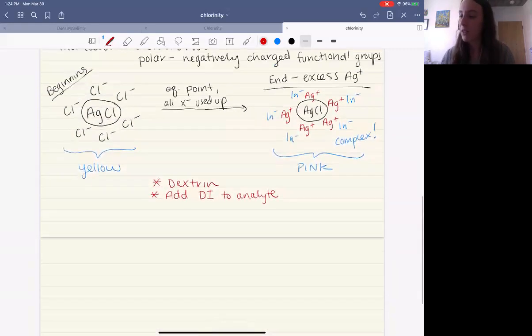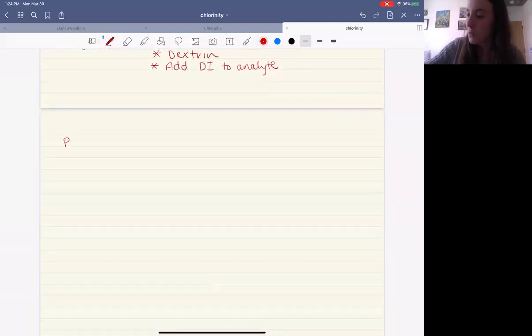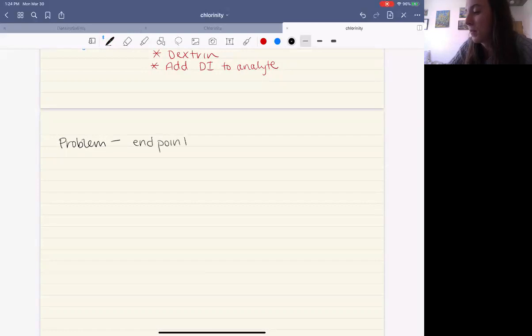Okay, now there is that one problem that I mentioned. Our problem is that the endpoint and the equivalence point are not equal to each other. So this is going to cause some systematic error, some bias.